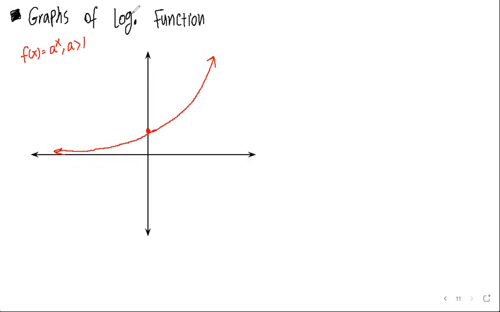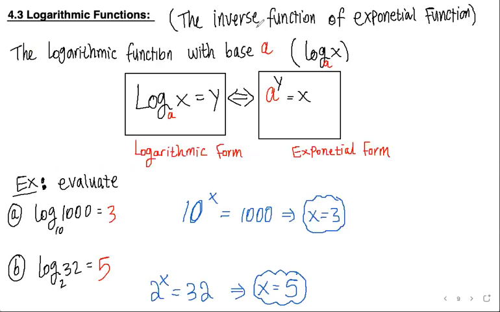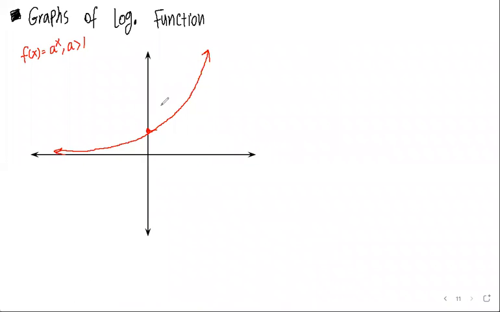Okay? So this is the graph of the function f of x equal a to the x. Now, to graph the logarithm function, this means it is the inverse of the function. What does that mean? How can I graph the logarithm function by using this function?